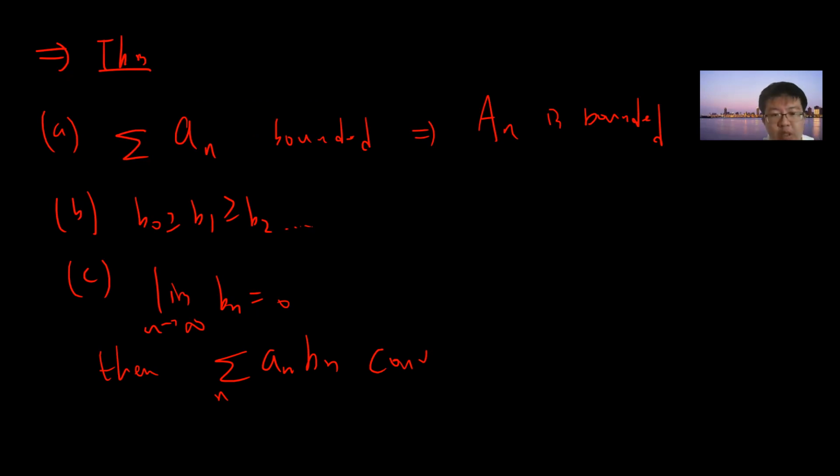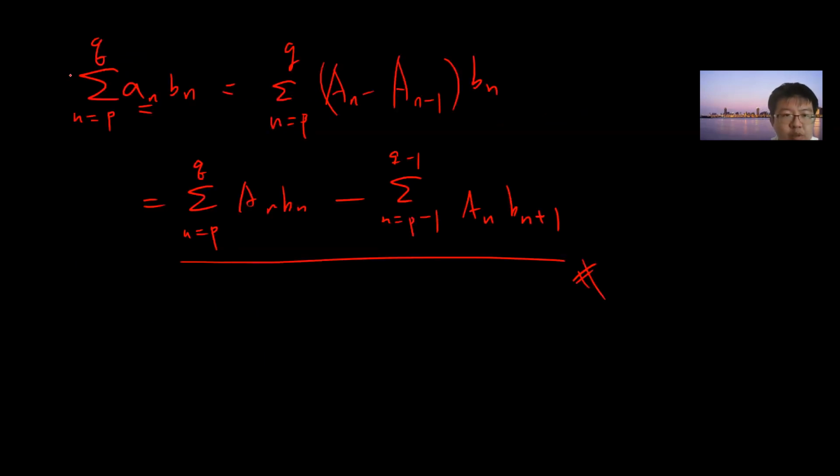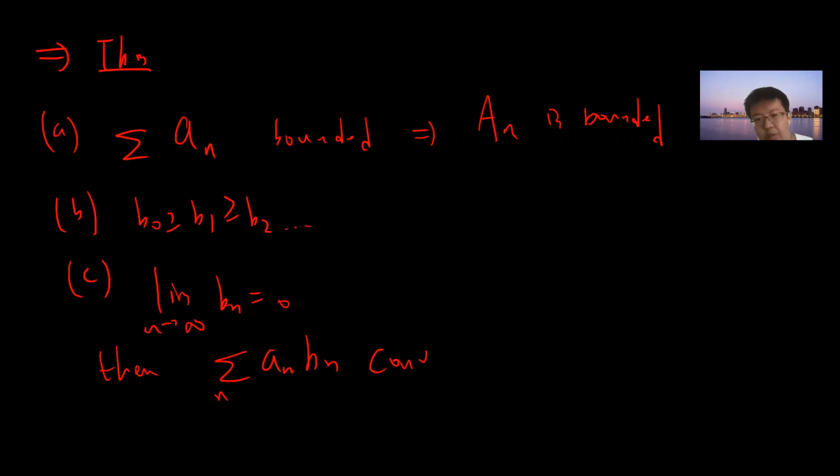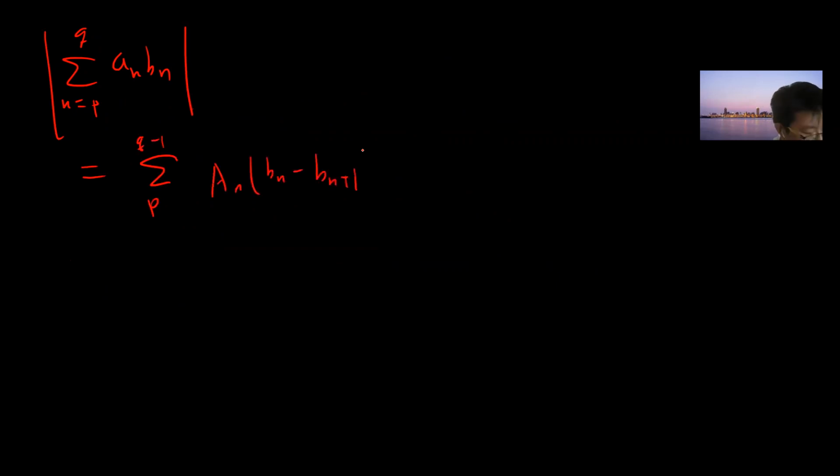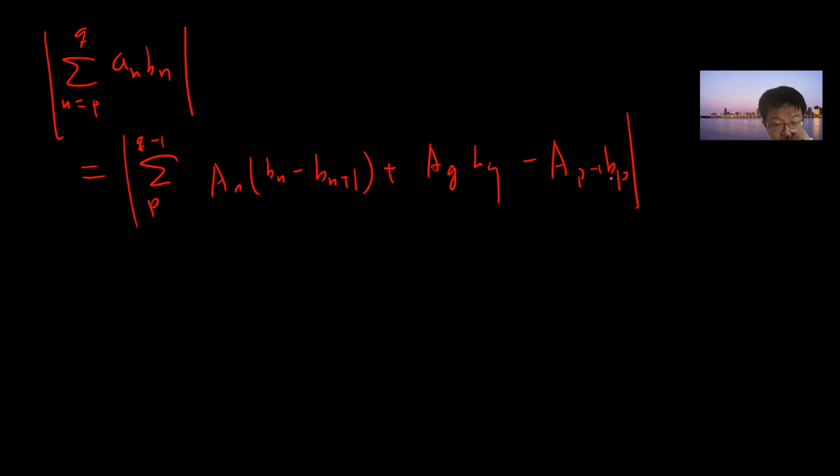To prove this, we just need to take the absolute value of this, since all of these an and bn are by default complex numbers or real numbers. So we take the absolute value of the sum from p to q minus 1 of An (bn minus bn plus 1) plus Aq bq minus A(p minus 1) bp.